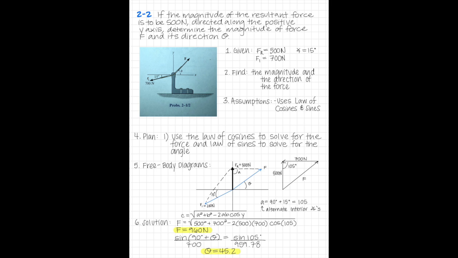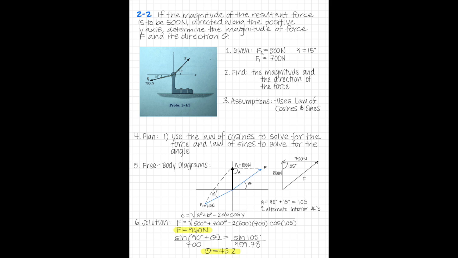We can say Fr, and we're going to say this equals 500 newtons, whereas F1 equals 700 newtons. And then this is theta, what we're solving for. We're solving for this F.